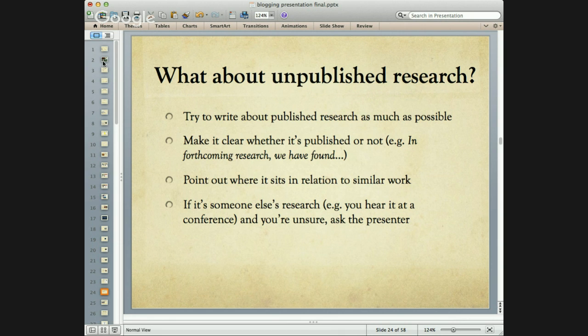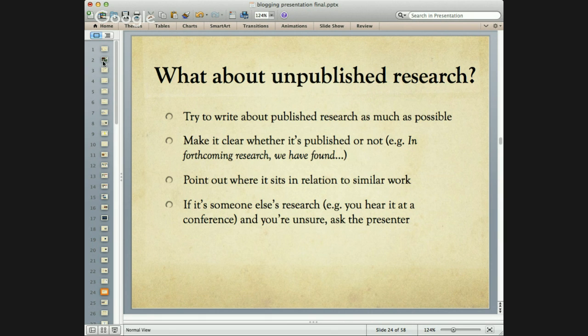And I would say in the blog, it's important to make it clear whether it has been published or not. For example, if it hasn't, you could say in forthcoming research, we've found blah, blah, blah. And make sure to contextualize that research, pointing out where it sits in relation to similar work. If it is someone else's research you want to write about that hasn't been published, for example, you're hearing it at a conference being presented, it's always best to check with the presenter as to whether they're okay with you writing about their research.